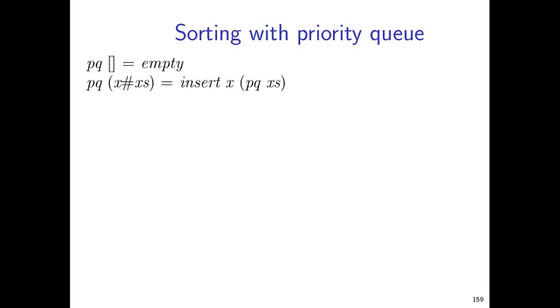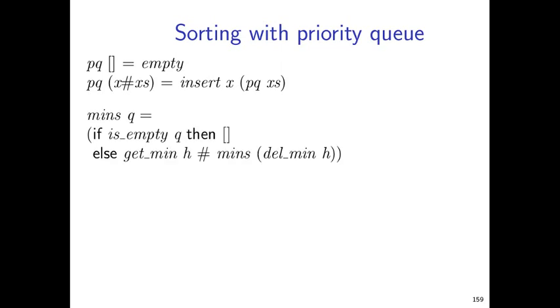Naively we can build the heap just by folding over insert, and then we can just remove the minimum elements until the heap is empty. So that's the naive way, and this first phase can be improved intelligently.